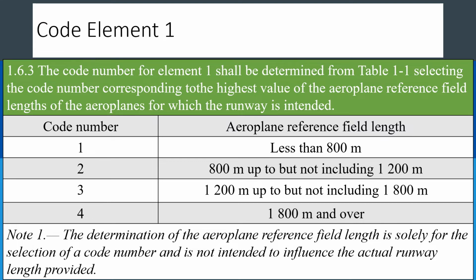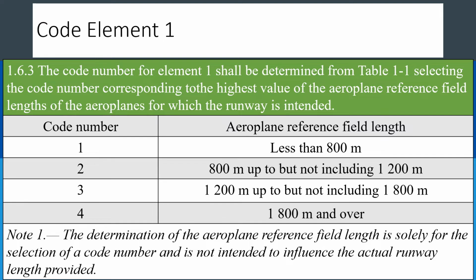Remember, I mentioned that every runway is intended for a particular aeroplane. Therefore, the highest value of the aeroplane reference field length is what determines the code element 1. Code element 1 refers to aeroplane reference field lengths which are less than 800 meters. That is code element 1.